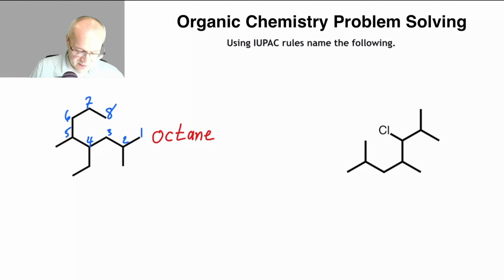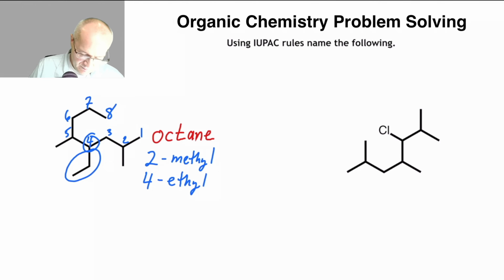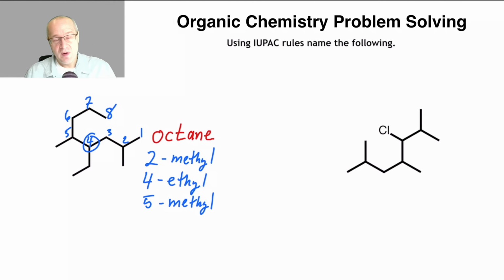So this tells me that on carbon 2, there's a methyl. On carbon 4, there's an ethyl. On carbon 5, there's another methyl. There's my root name, octane, and my 3 substituents. I have 2 methyl groups on carbon 2 and carbon 5, and 1 ethyl group on carbon 4.